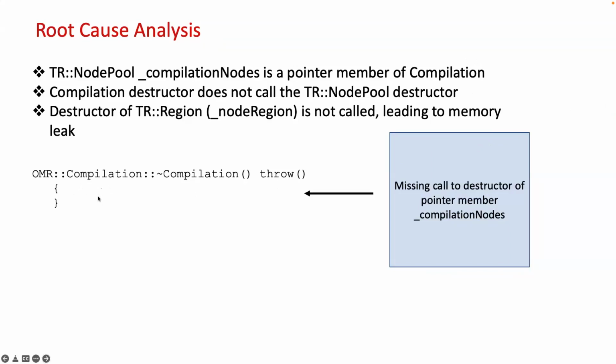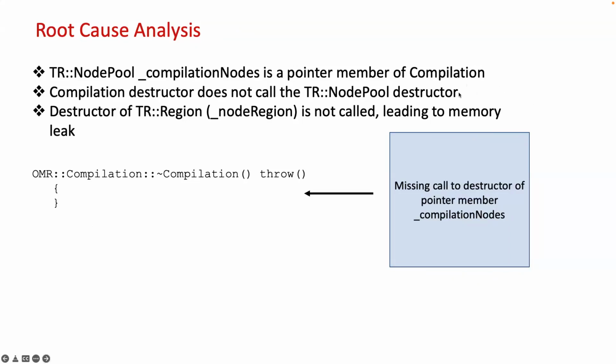What that means, right, is that this compilation destructor will, by its default behavior, call the destructors of any of its non-pointer members of the compilation class, but it's not going to do that for pointer members. So as a result, the compilation destructor doesn't call the node pool's destructor, right?